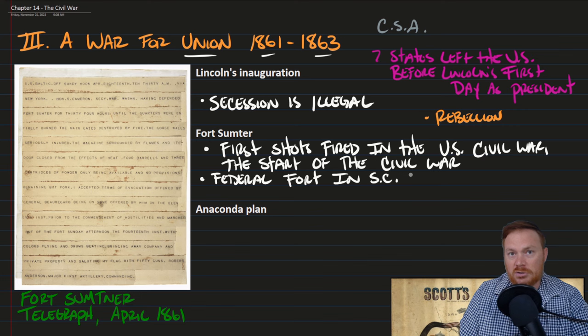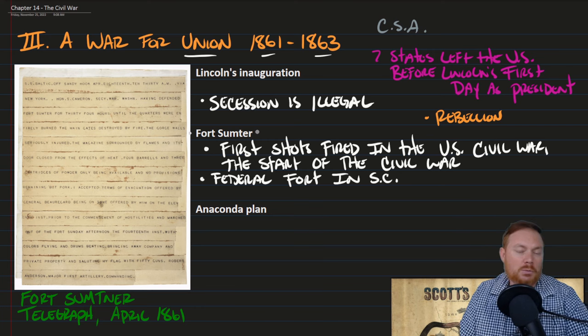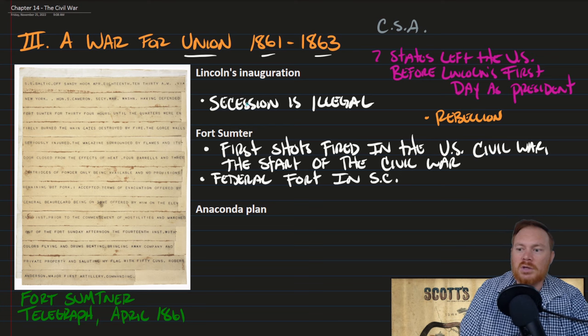A military base is property of the federal government. So when a state like South Carolina secedes, what do you do with Fort Sumter? And the answer is that most of these federal forts turn themselves over to local governments, right? So if there was a military base in Georgia and Georgia seceded, most of those on the base just said, okay, we're going with Georgia. Well, Fort Sumter was different in that it was located in water, right? It was surrounded by water.